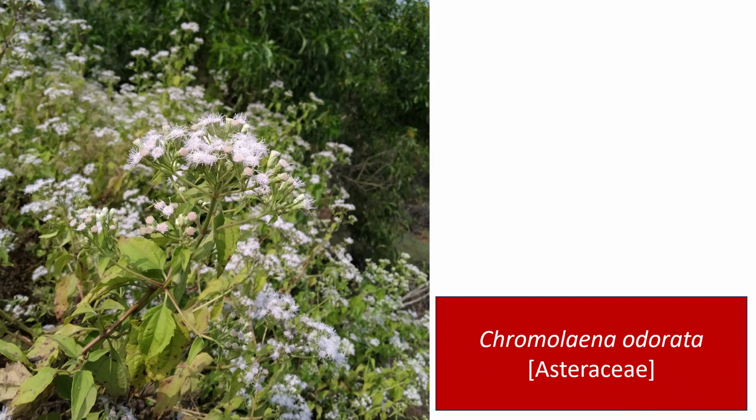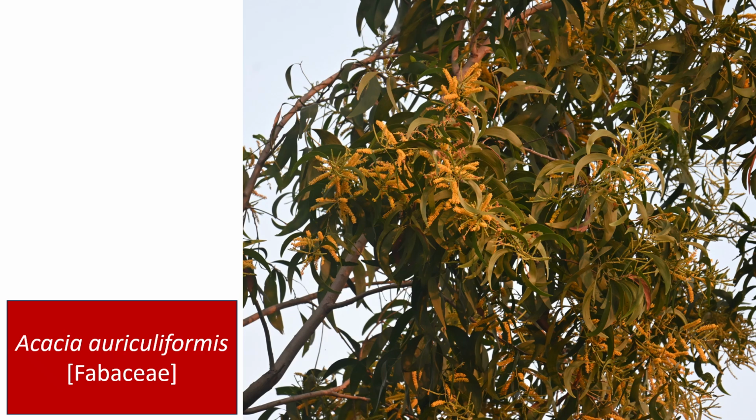When it comes to invasive species like Chromolaena odorata, in the area where it is, you will find a lot of Chromolaena odorata. You will not find many of the native species. So this dominates over the native species. We have to make sure that such invasive species are removed, and in place of these plants we can plant many of the native species that I have mentioned.